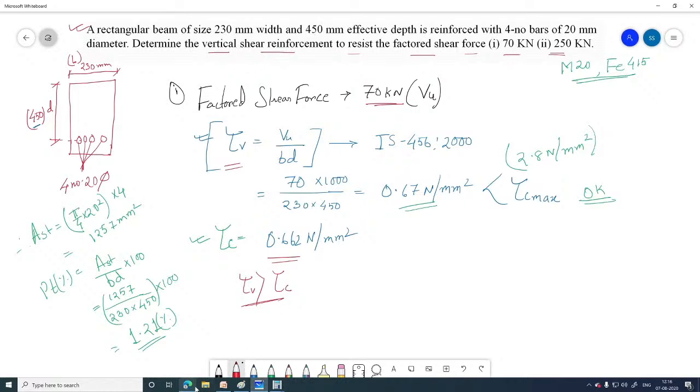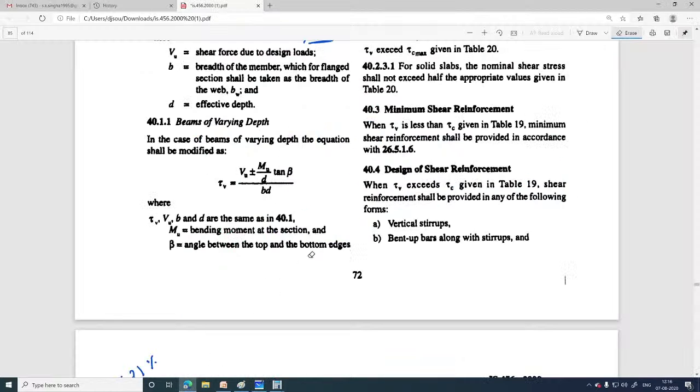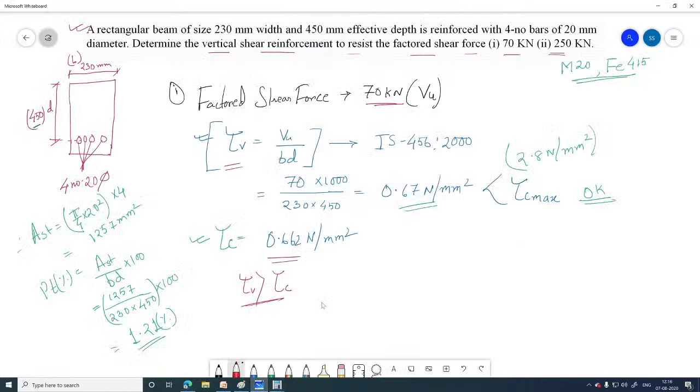Okay, so this is given in the code, that is 40.4. When the tau v exceeds tau c given in table 19, shear reinforcement shall be provided in any of the following forms. So there are 3 forms. That means if tau v is greater than tau c, then we need to provide the shear reinforcement. So in our case this condition is satisfied.